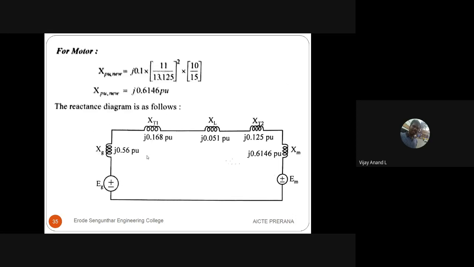Just solve this, and we will get the XPU new value equal to j0.6146 per unit.